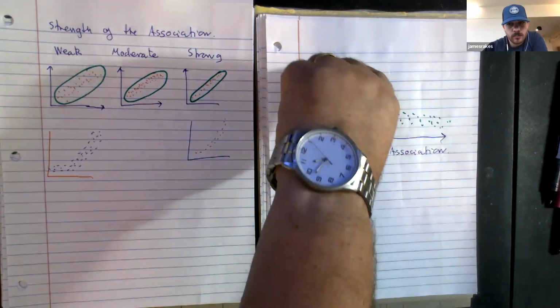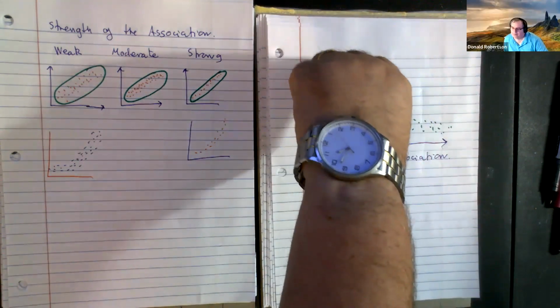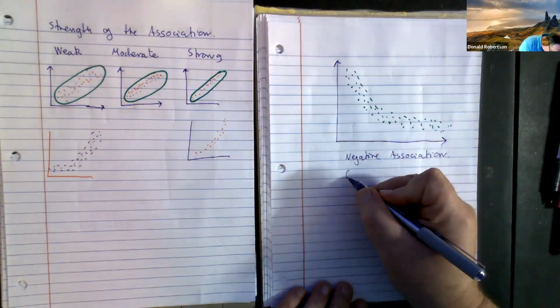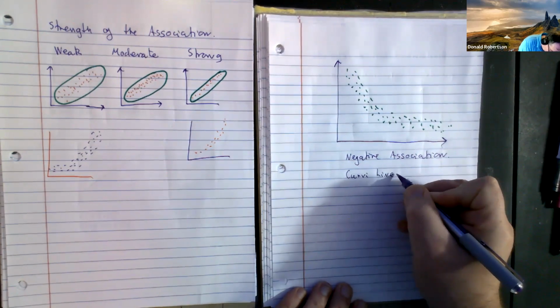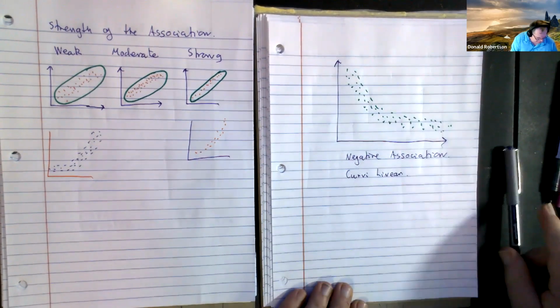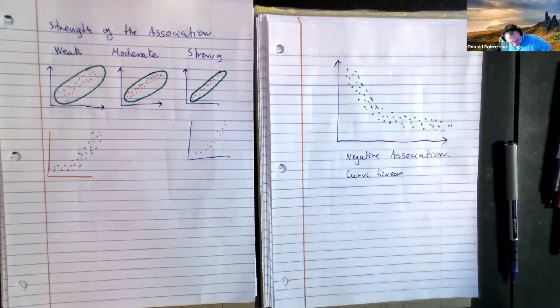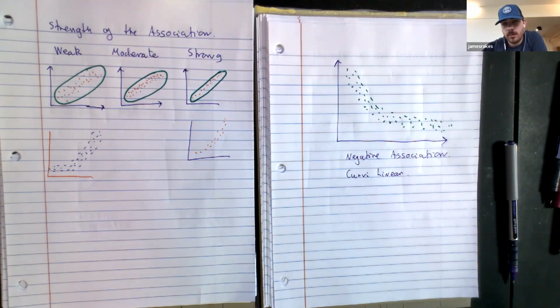Curvilinear. Do you agree it's got a curve to it? The one that most people have a problem with is strong, moderate, or weak. But from those three choices, what do you think would be the most appropriate for this particular scatter plot? It's pretty weak, no?